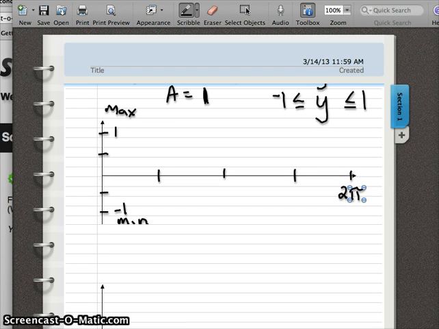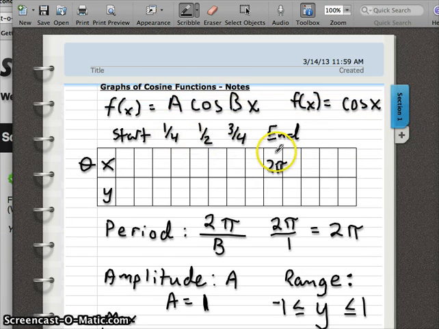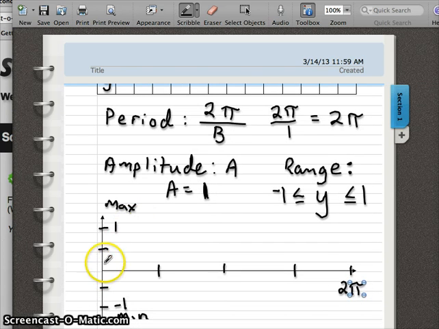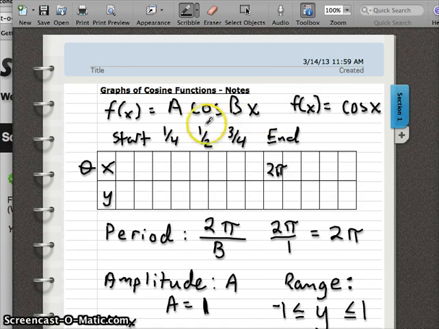The last key points are always going to be a quarter of your period, half of your period, and 3/4 of your period length. For sine and cosine in general, we're going to start at 0 right here. That's going to be our input. And the inputs for trig functions are always angle measurements.